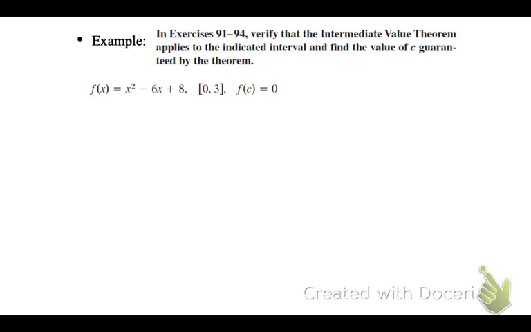So we're going to put this in our calculator? No. We're going to write it on our paper. F of 0. It's just a little bit different. Actually, it's about the same. That f of c equals 0 though.